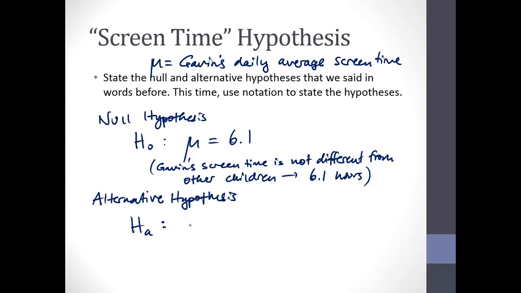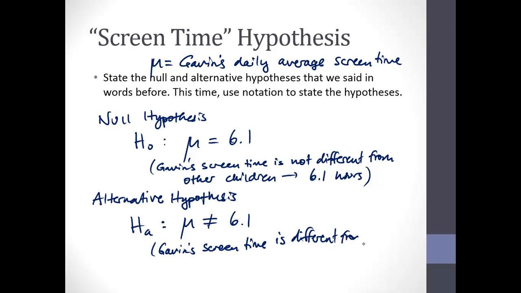So we have simply that mu is different from 6.1. So it could either be less than that of other children, or it could be more than that of other children. We just want to know, is it different from? So this is saying that Gavin's screen time is different from other children.